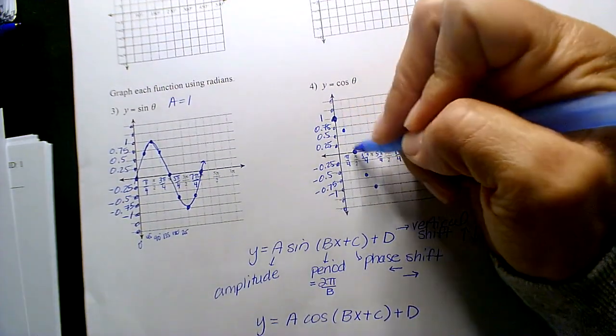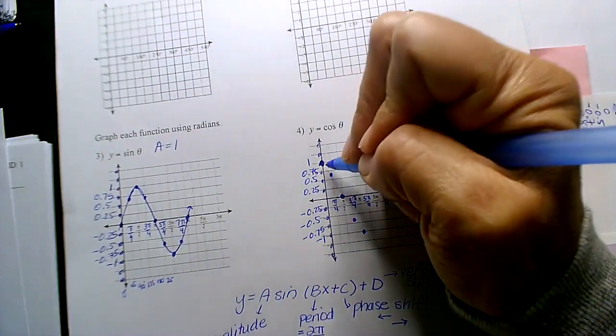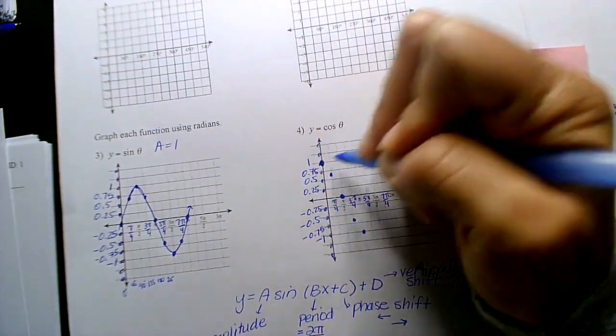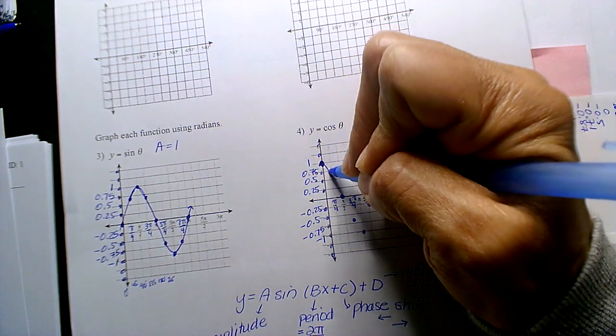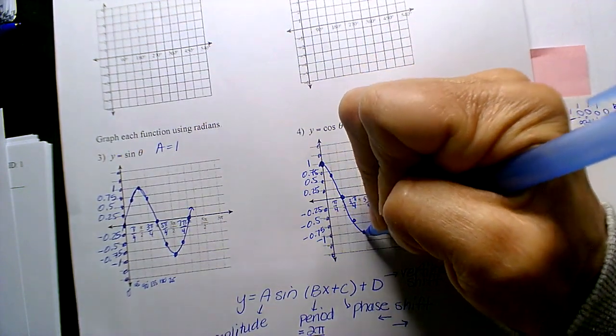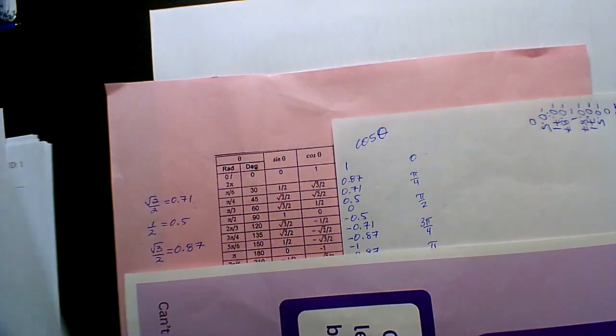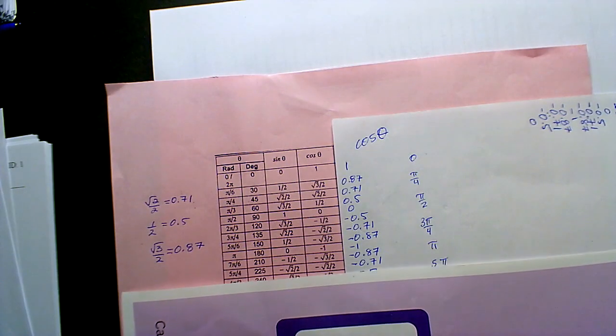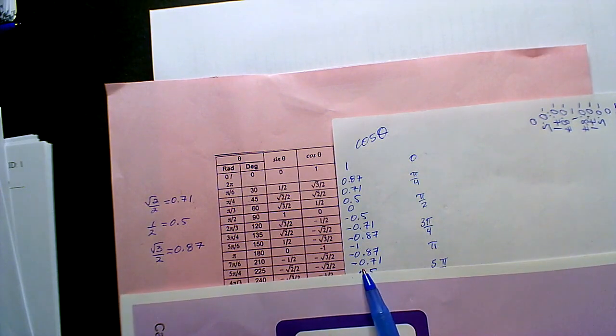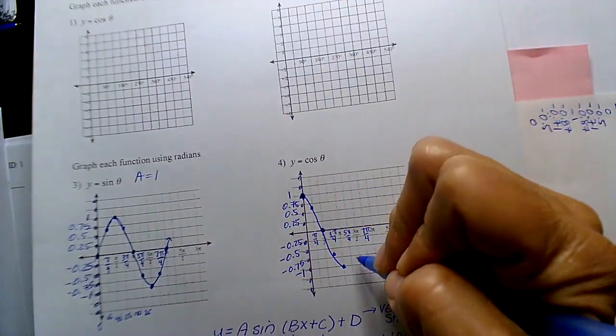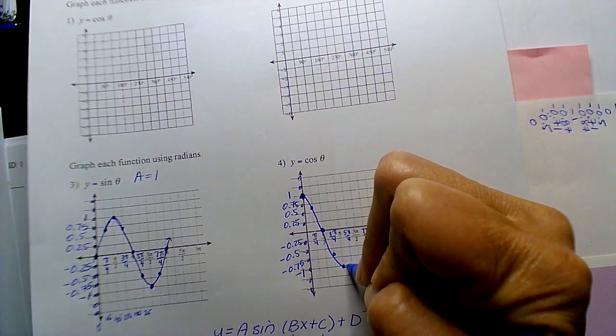And remember, it is not a straight line down. It has a curve. It has a parabolic curve from the max to the min, because it's going to start swinging back up. So it looks more like a U. Oh wait, 5 pi over 4. So negative 0.71.